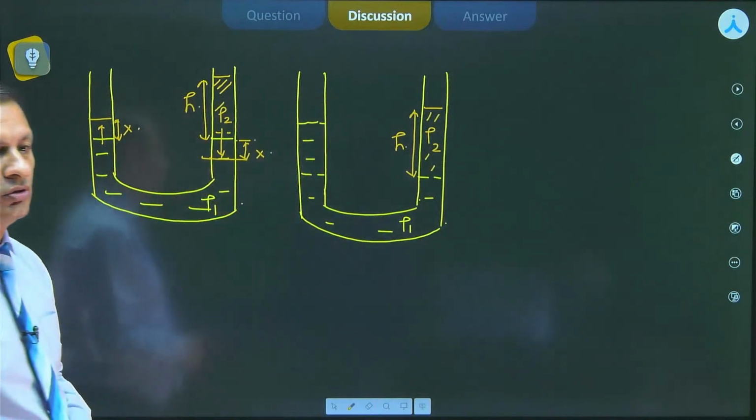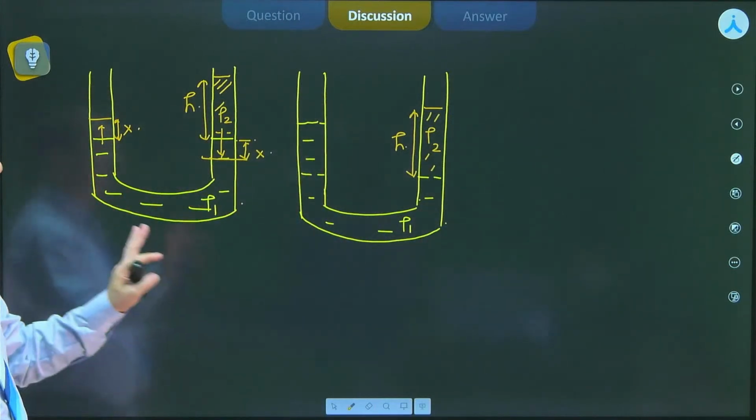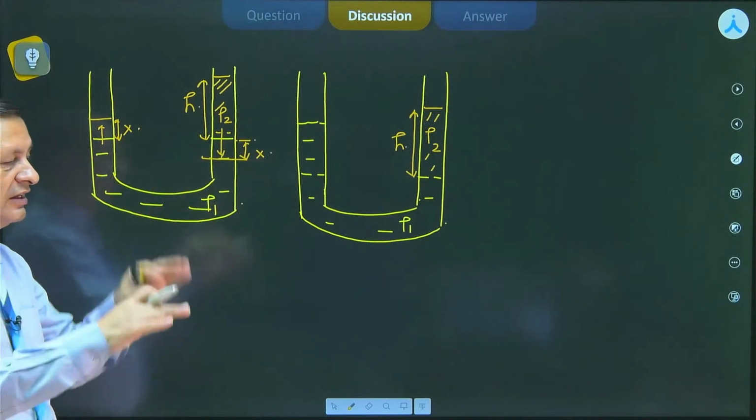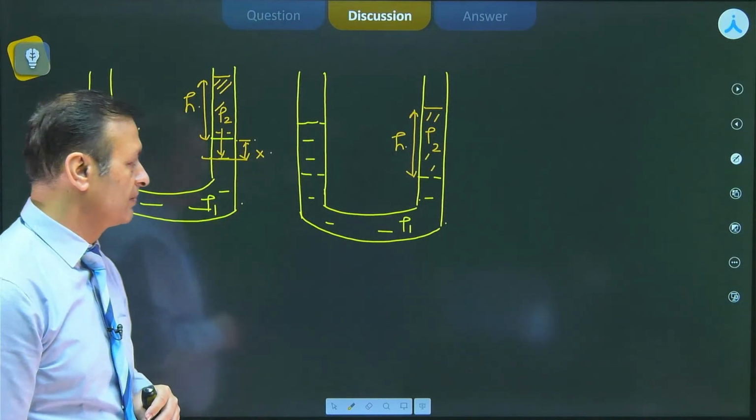So this is how your container looks like after this liquid is settled or finally balanced in both the limbs.